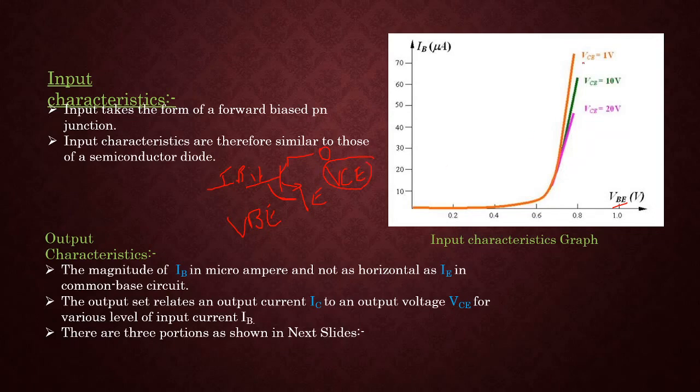Suppose we maintain VCE equals 1 volt. Then I have to consider this junction only. The JE junction is forward biased. Whenever a diode is forward biased, the current increases exponentially. So here also the current increases in exponential format.